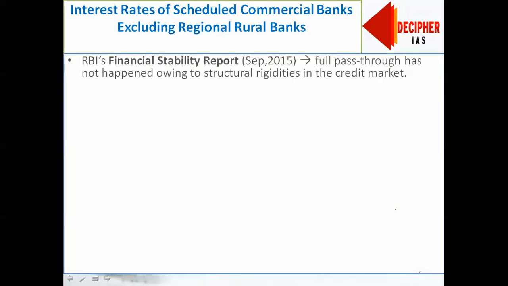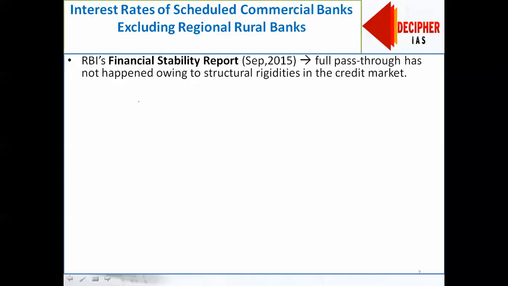Now what does it say? In response to the reduction in the policy repo rate by 125 basis points since January 2015, as I have already told you in the previous lectures on the Economic Survey, scheduled commercial banks have reduced their median term deposit rate by 72 basis points and base rate by 60 basis points till December 2015.